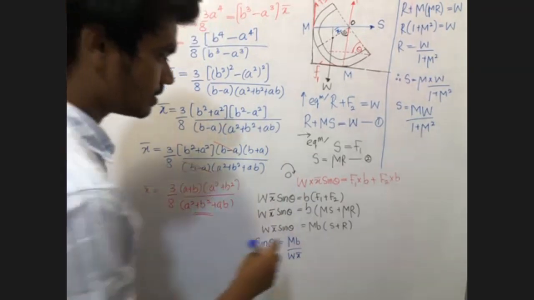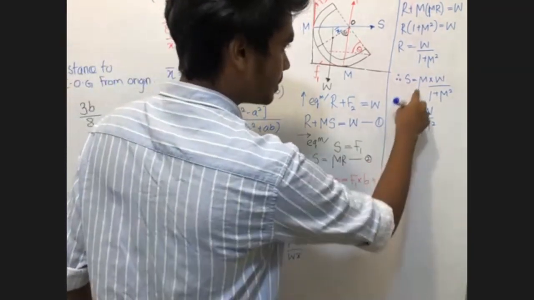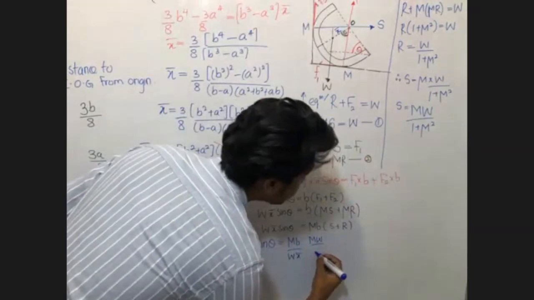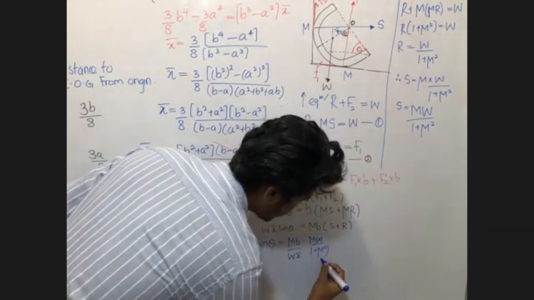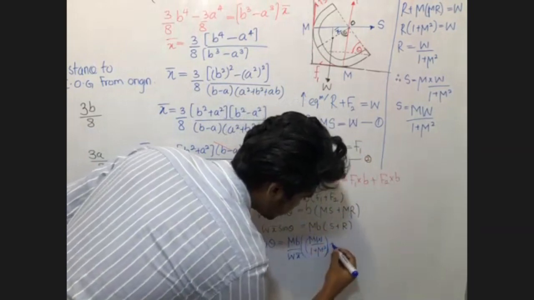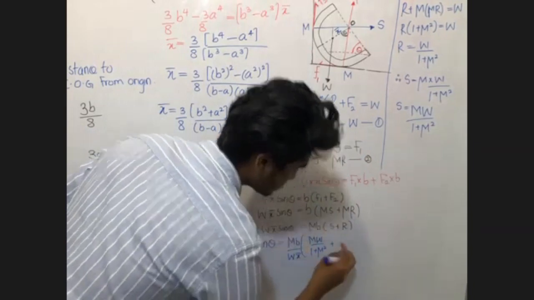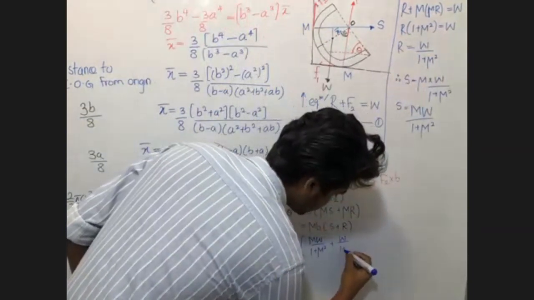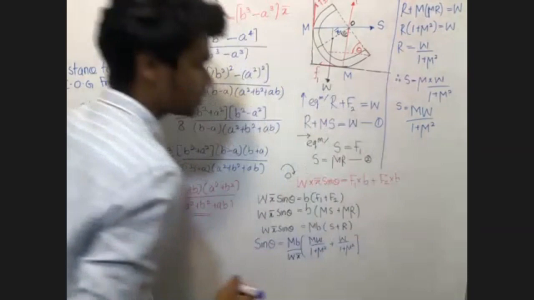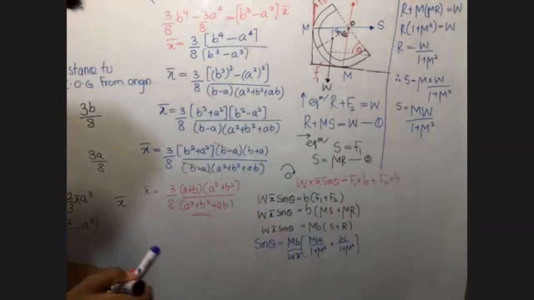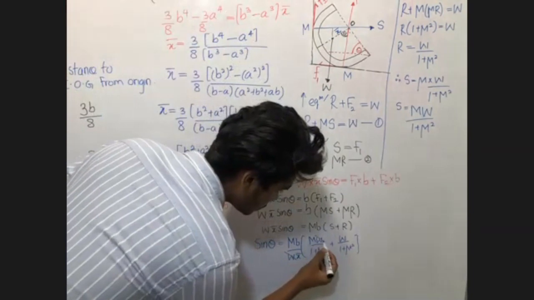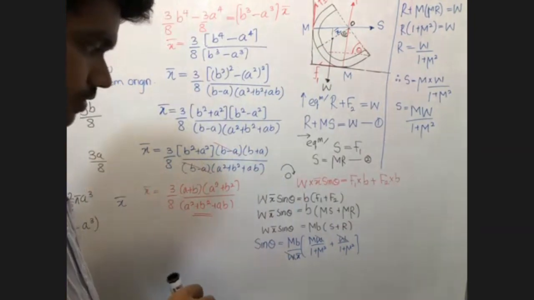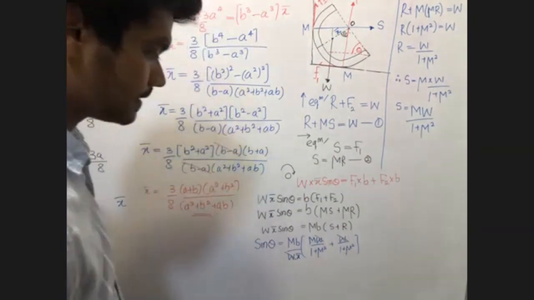S is mu W over 1 plus mu squared, plus R, which is W over 1 plus mu squared.